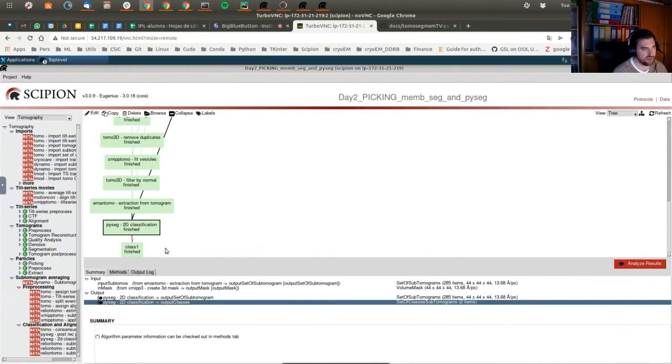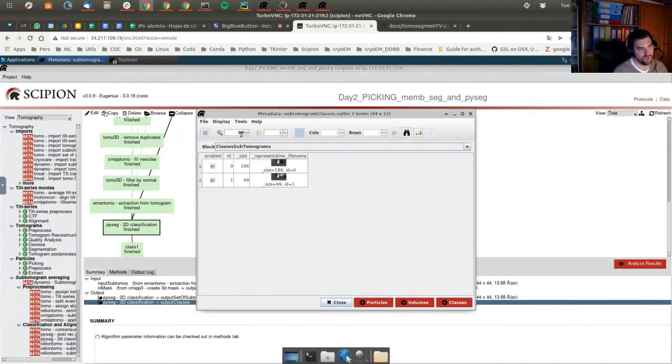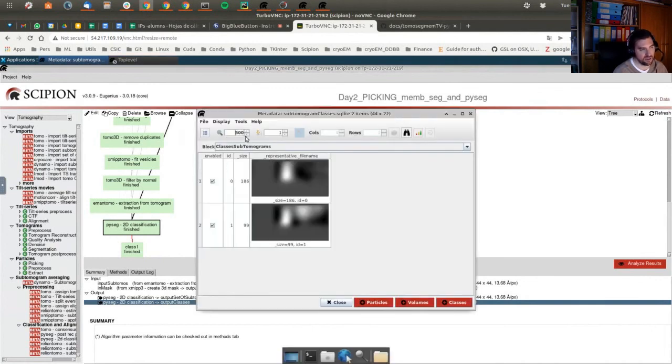reduced. In this case, we only observe 2 different classes, which correspond to the membrane without anything, or a membrane with a density, which is like a Christmas tree, quite appropriate for this time.